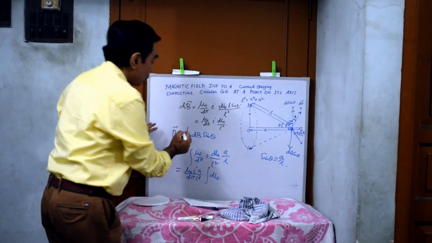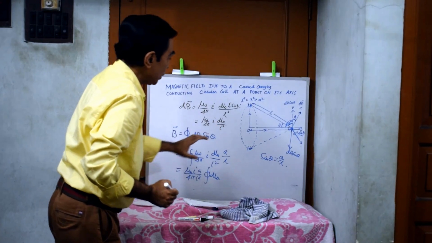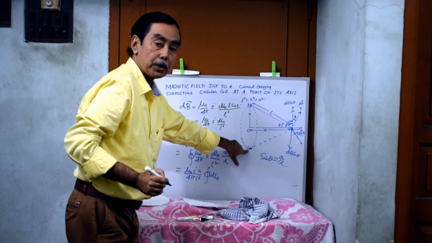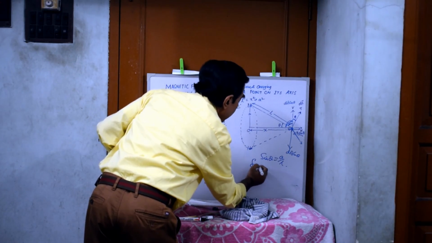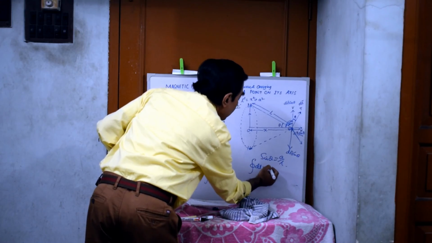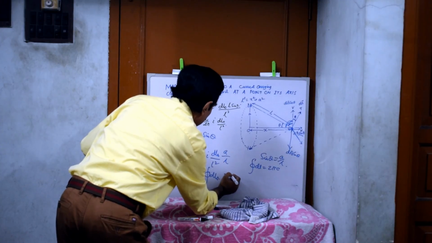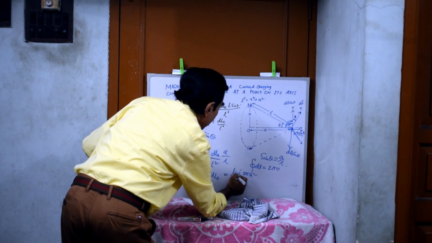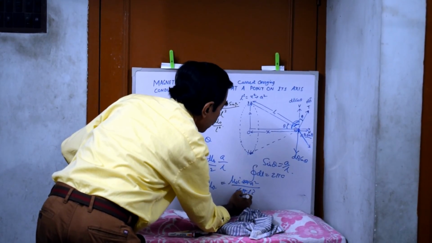Now this is a closed loop integral. It is very important because when we are considering this point, we are also considering the diametrically opposite point. So this is a closed loop integral, and the closed loop integral of dl is equal to 2 pi a. So we are left with mu 0 I 2 pi a square by 4 pi L cube. 2 pi by 4 pi gives 1 by 2.